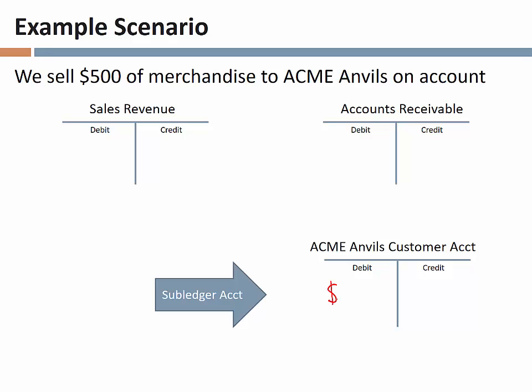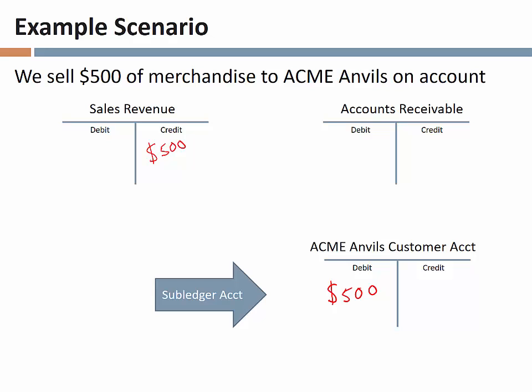Therefore, I know I am going to be debiting their account by $500 because I have just increased the value of an asset. That tells me that the offsetting transaction to sales revenue is crediting at $500.